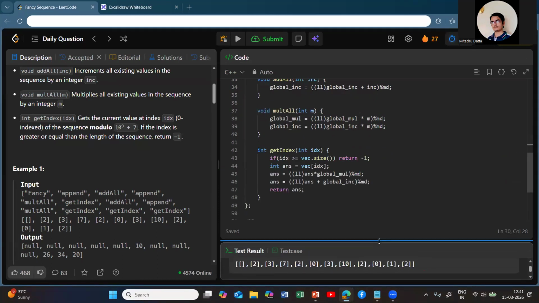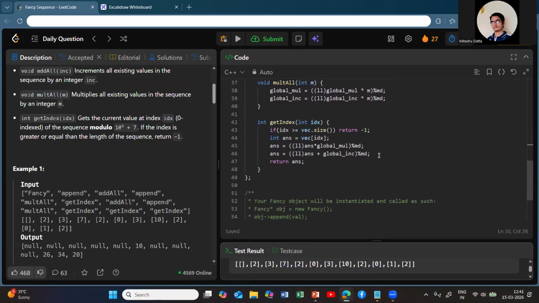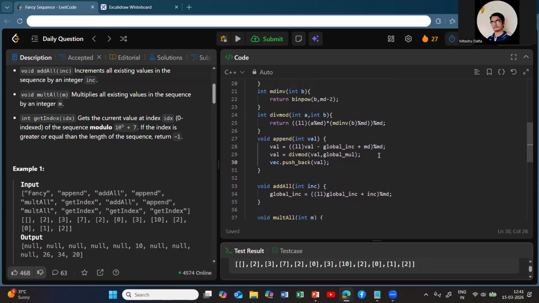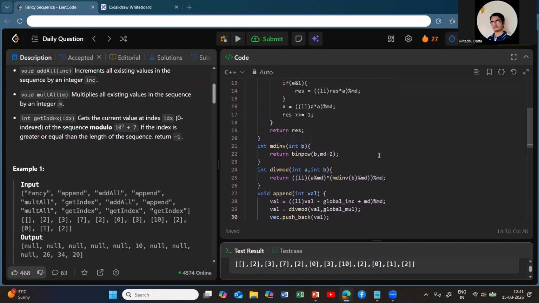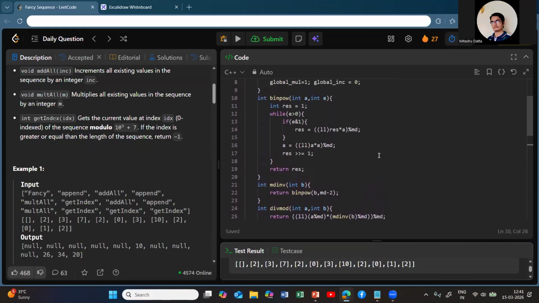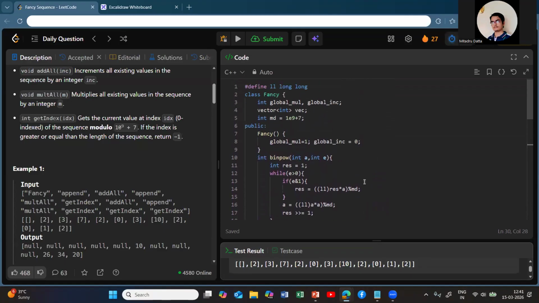So let's see what is the issue this time. We have this IDX, answer is vector of index. We did this multiply. So you have the global multiplier and incrementer.